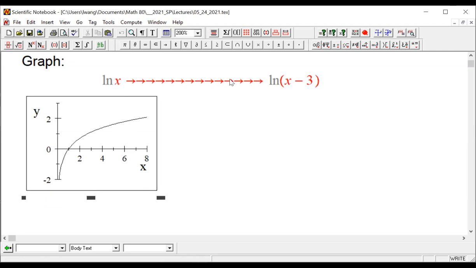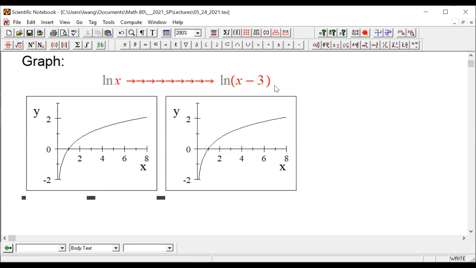From ln x, we can graph ln of x minus 3. Can anybody tell me whether the graph of ln x minus 3 is a shifting of ln x up or down, left or right? Could you guys tell?